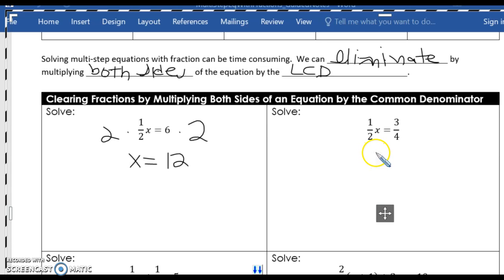Here, we have 1/2 x equals 3/4. We found that the common denominator of 1/2 and 3/4 is 4. So if we multiply both sides by 4, on this side, 1/2 times 4 is 2.